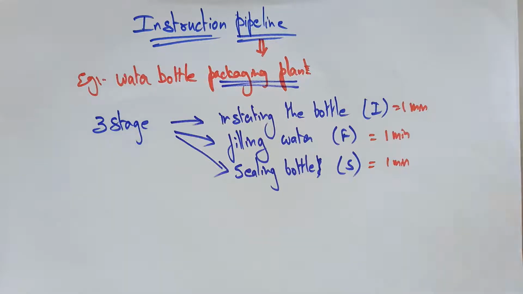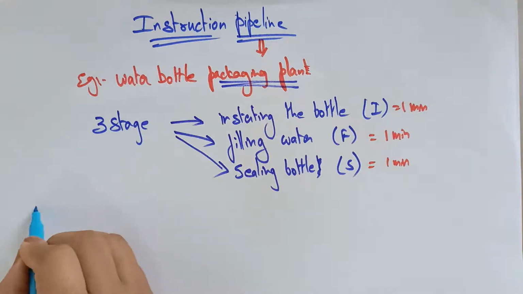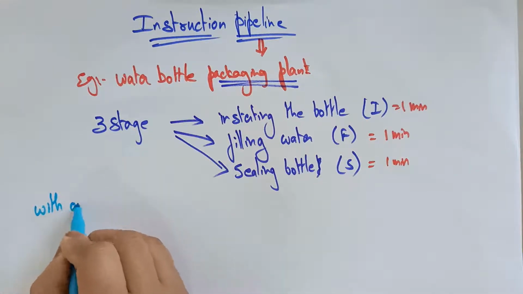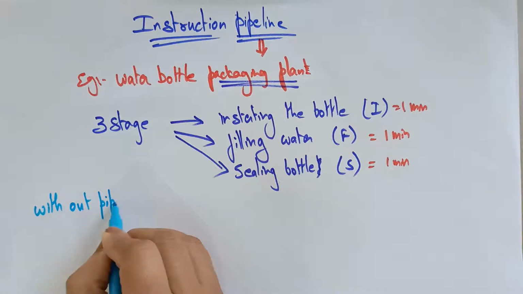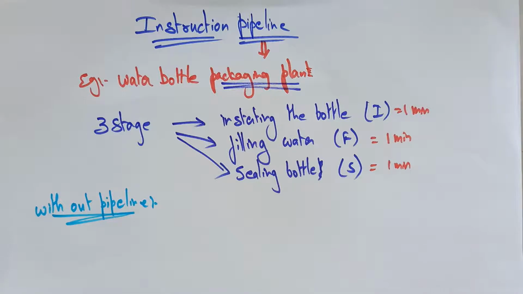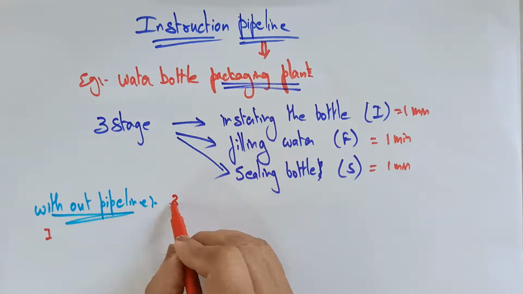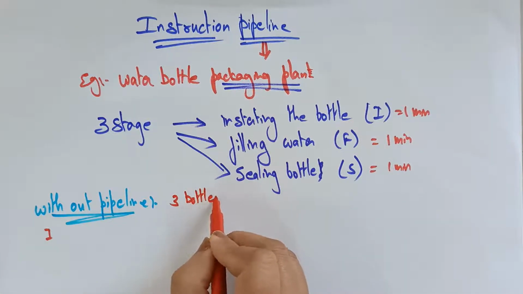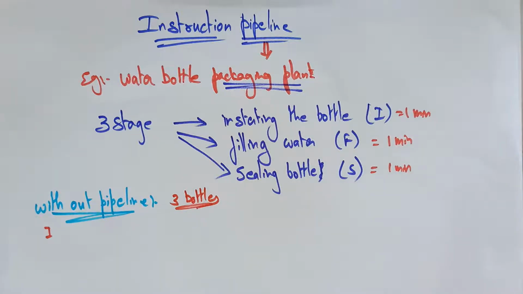Suppose, let's consider without pipelining. Let's talk about what happens without pipelining and what happens with pipelining. You are not using the concept of pipelining. Let's take 3 bottles. The water bottle packaging plant wants to seal the 3 bottles by following these 3 stages.